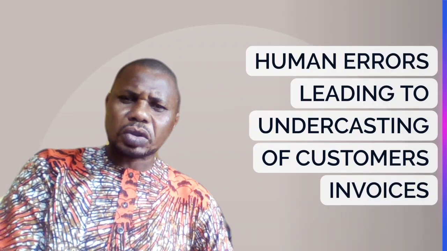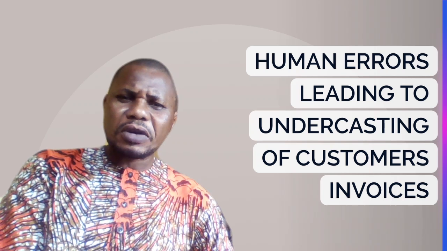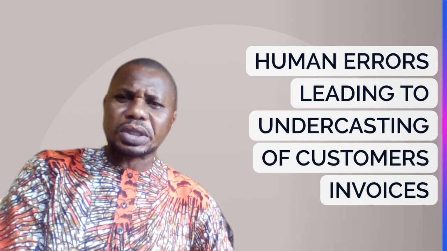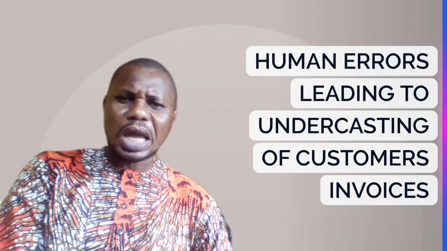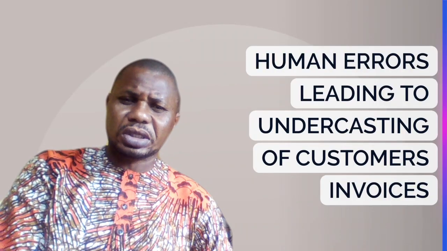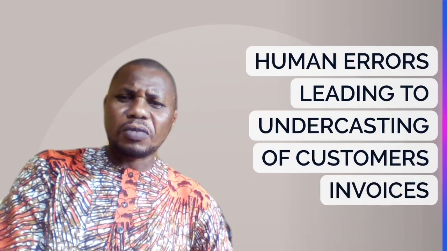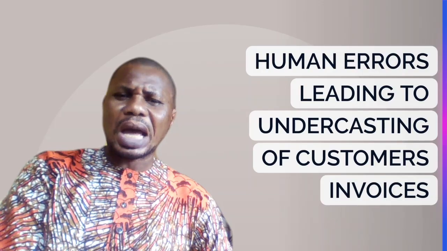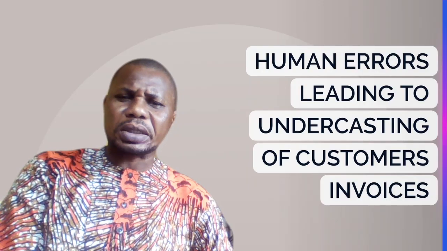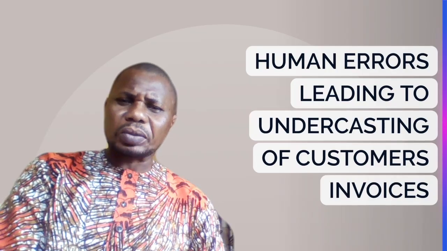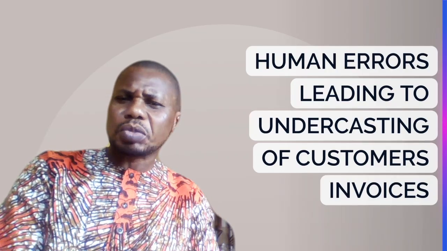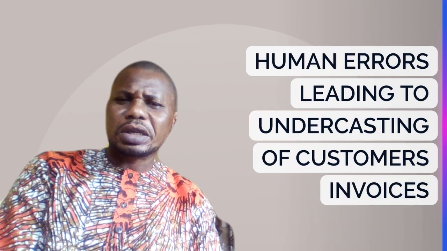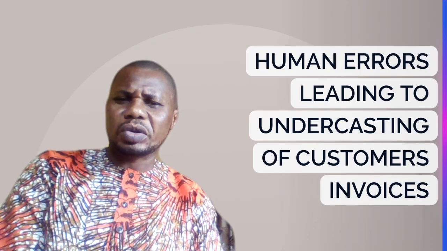Some of them write invoices on a regular basis, and these invoices most times are credit invoices or cash invoices, as the case may be. So now, how do they lose money through human error in this manner?